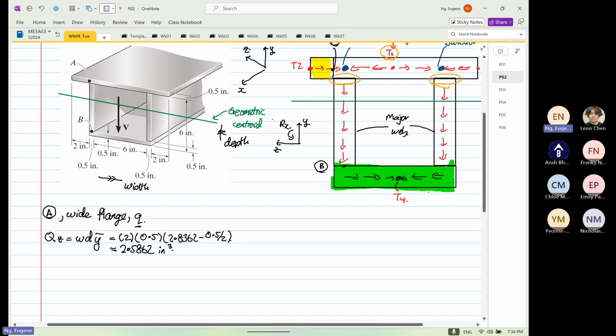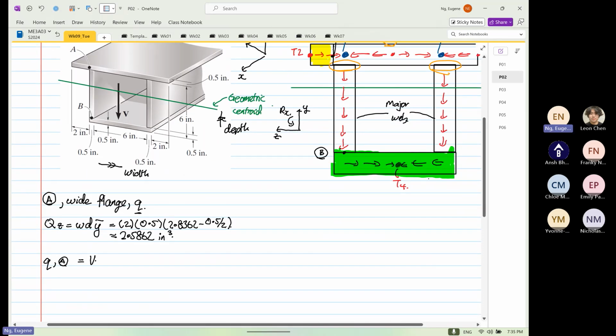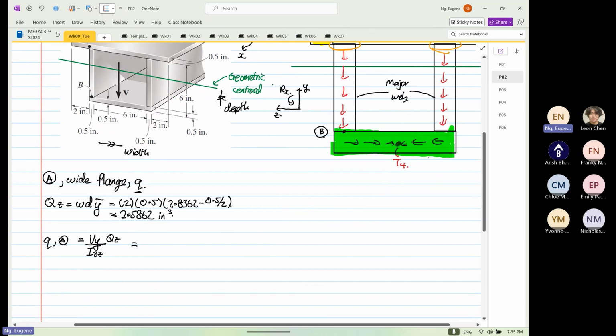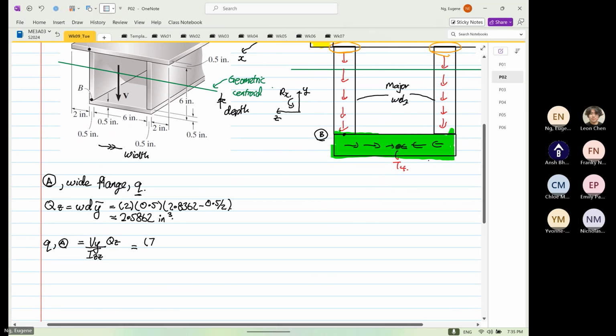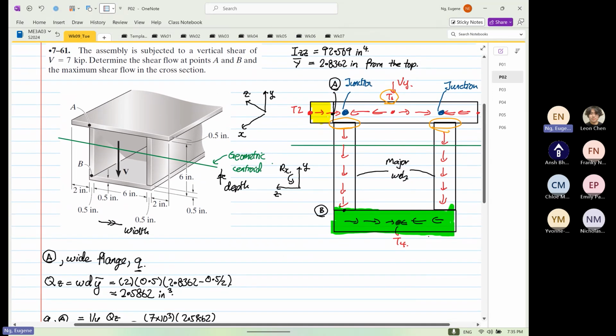Okay, and then we're going to calculate the shear flow at point A. So the formula we're going to use is By over Izz, multiply Qz. So By is 7 times 10 to the power 3. Qz 2.5862. Izz is 92.569.